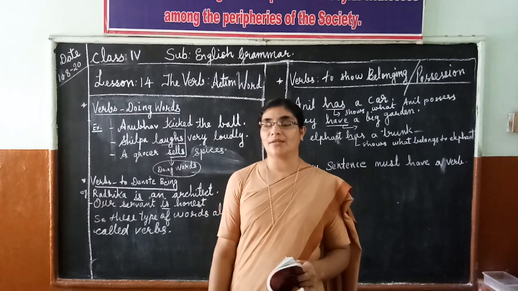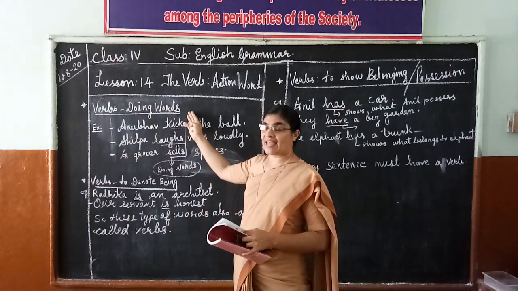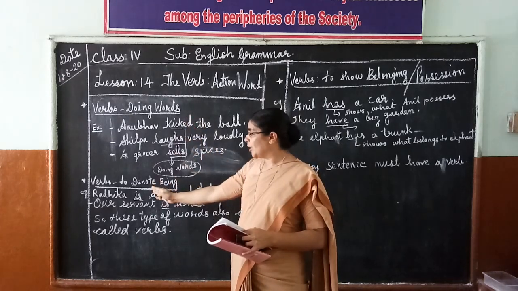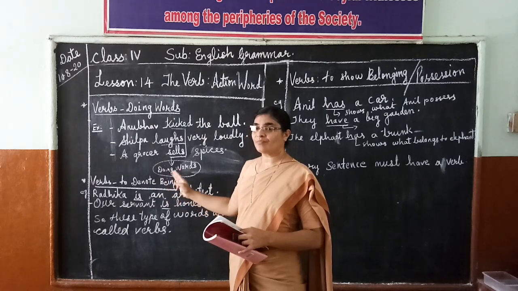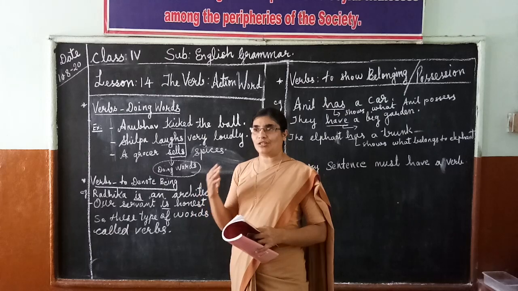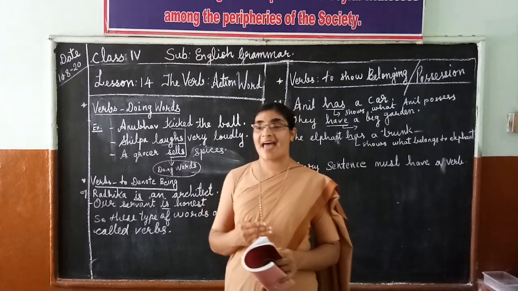And always remember the three things. First, verbs that are doing words: the action done by the subject is the verb. Then verbs to denote being: is or have, like the words we mainly use: is, are, am, was, were, have, has, had.